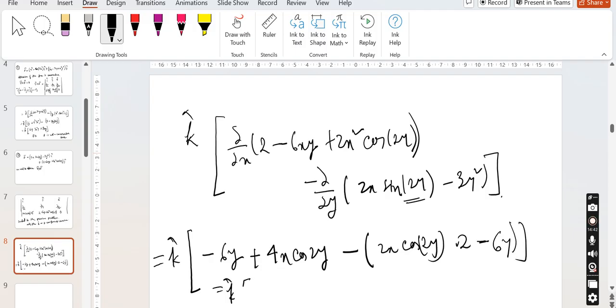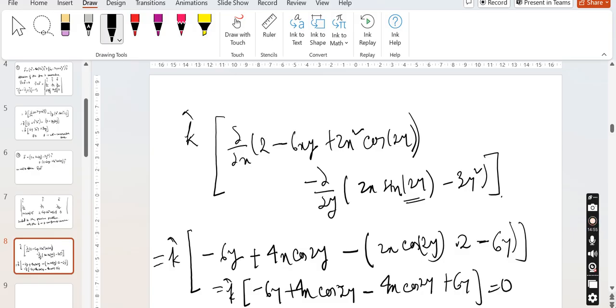So k is minus 6y plus 4x cos 2y minus 4x cos 2y plus 6y. This is equal to 0. So this force is a conservative force.